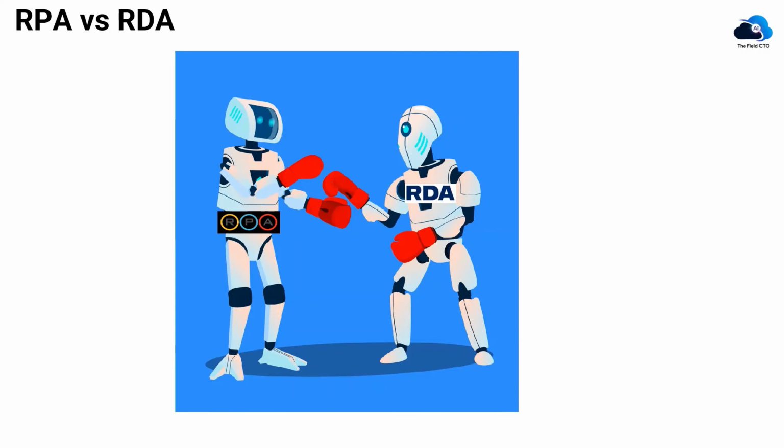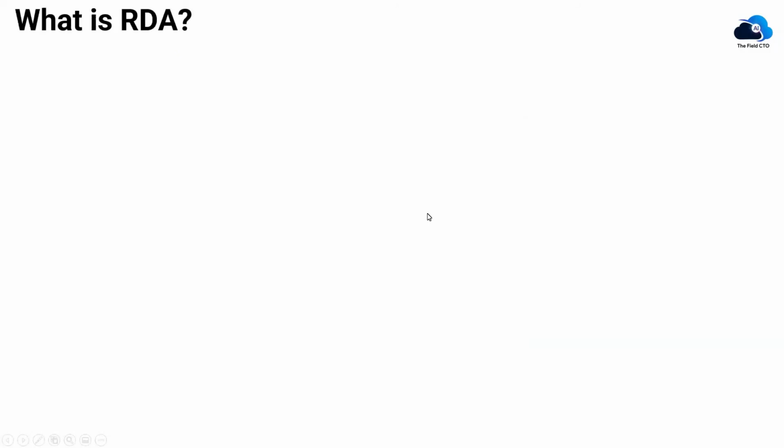And imagine them having to do this for tens of thousands of their clients on a regular basis, and each of them having to fill 10, 20 forms. It can quickly add up and overwhelm the human operators. Then comes the question of what is RDA?